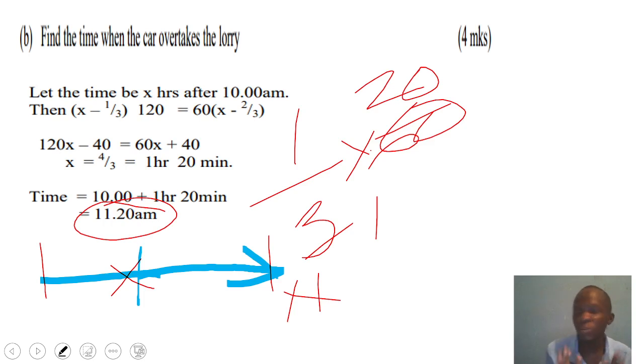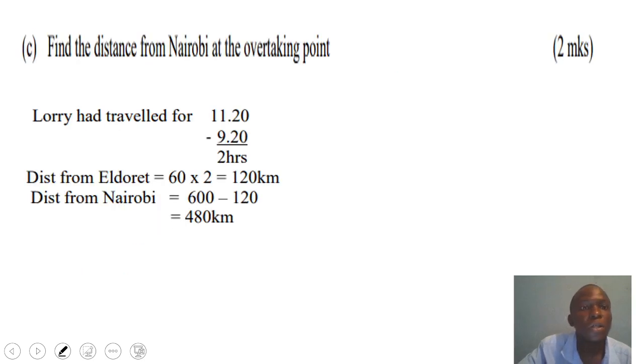We are using the lorry because we know the time when the lorry arrived in Nairobi. So the distance from Nairobi at the overtaking point will be 11:20 minus 9:20. That is 2 hours.